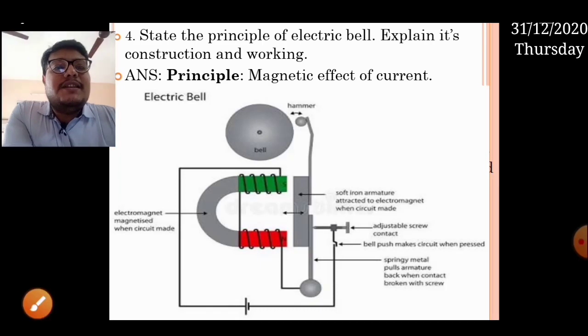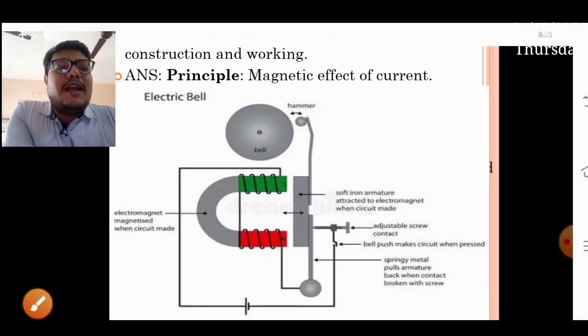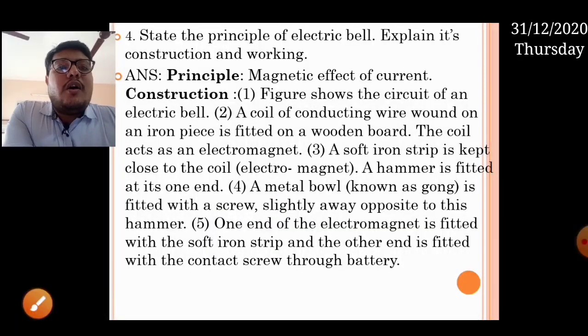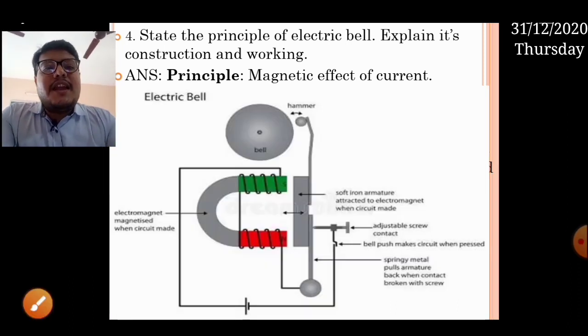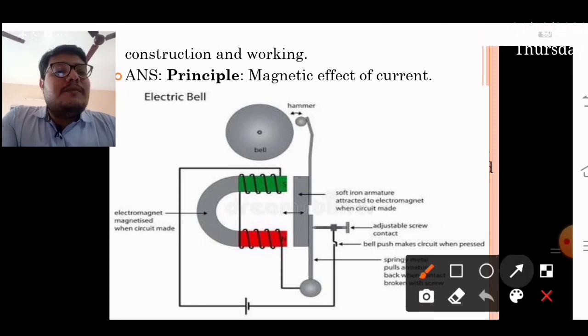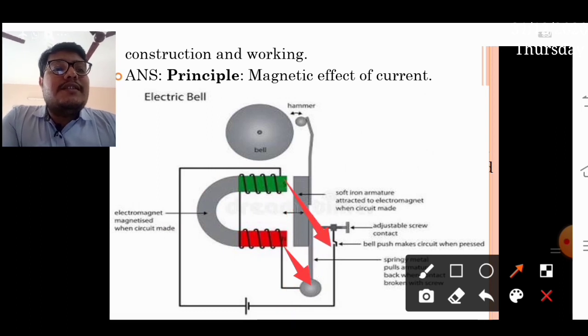This is your metal bowl, it is also fitted with the screw. See number 5, one end of the electromagnet is fitted with the soft iron strip. Here you can see that, and the other end is connected to the switch over here, right?